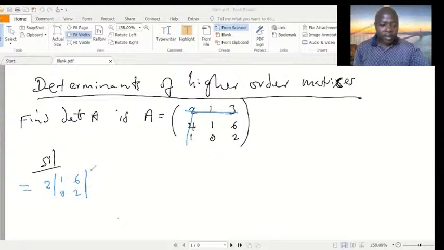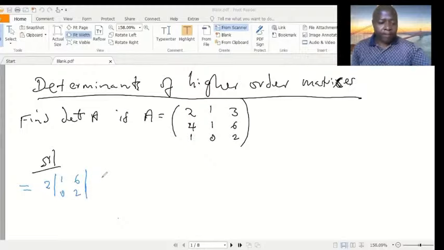Now, there was a 2 and a 3 there, let me just return them, before we forget. There was a 2 here and a 3 there.